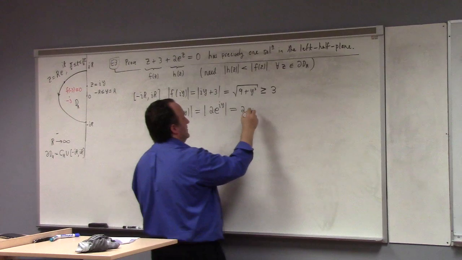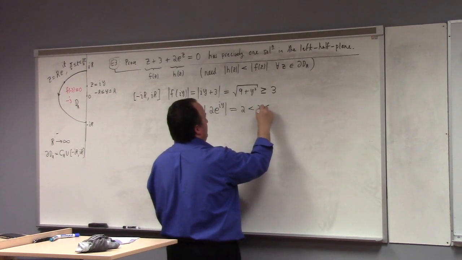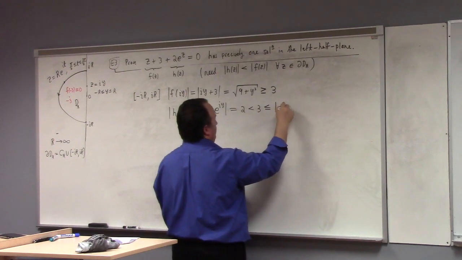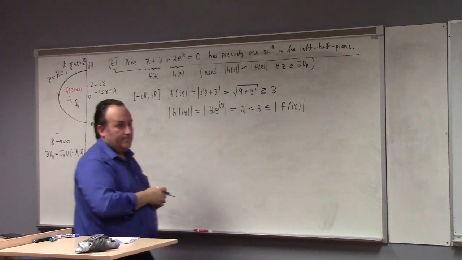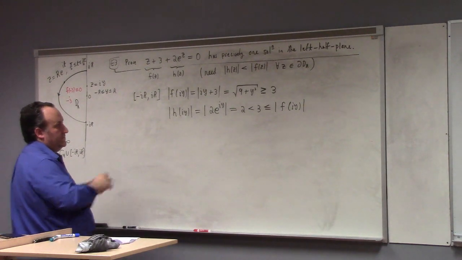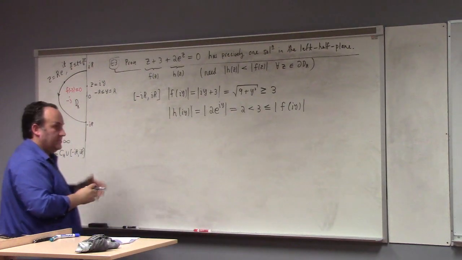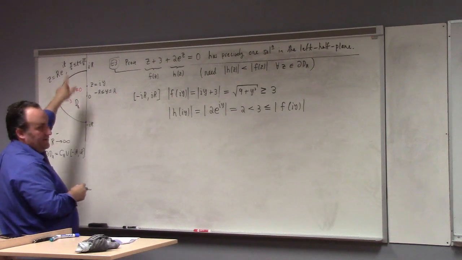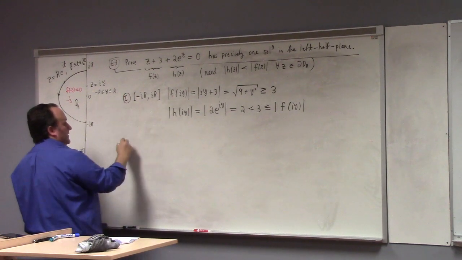So 2 is definitely less than 3, which is less than or equal to the modulus of f of iy, right? So that checks for the vertical part, right? So case 1. Case 2.